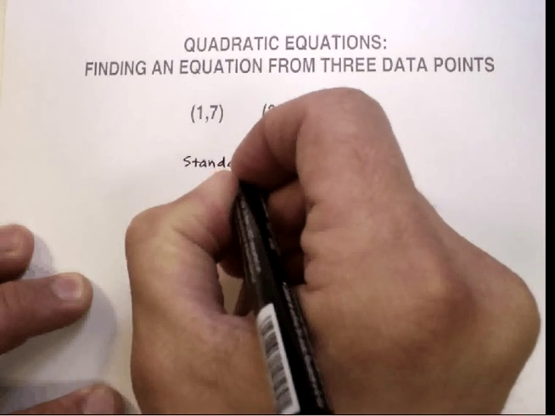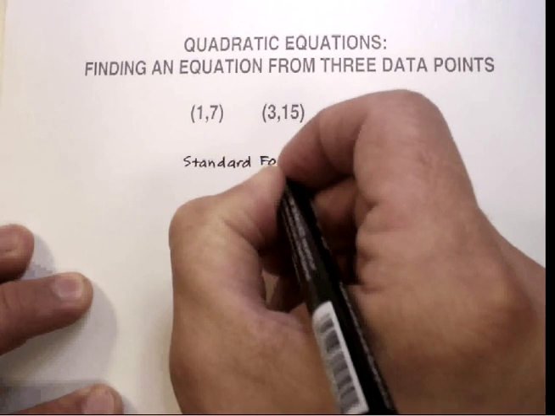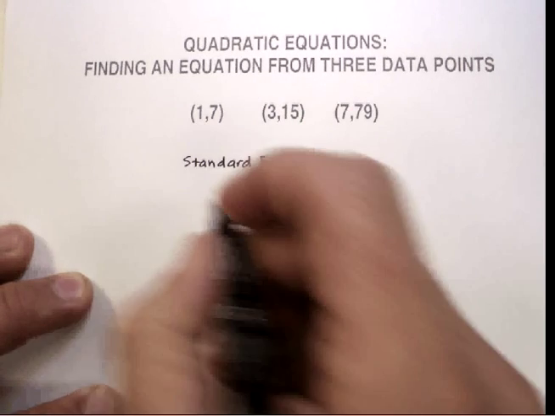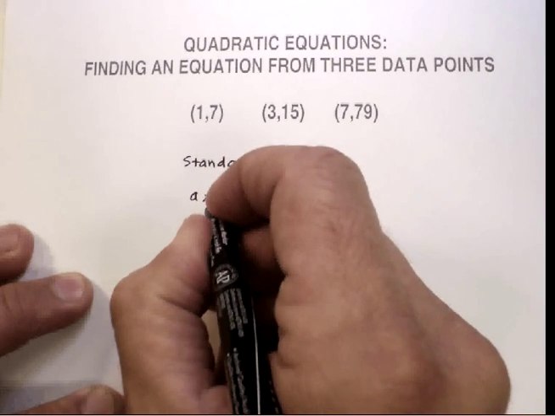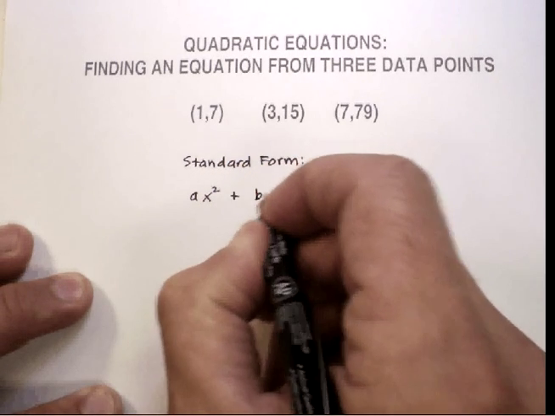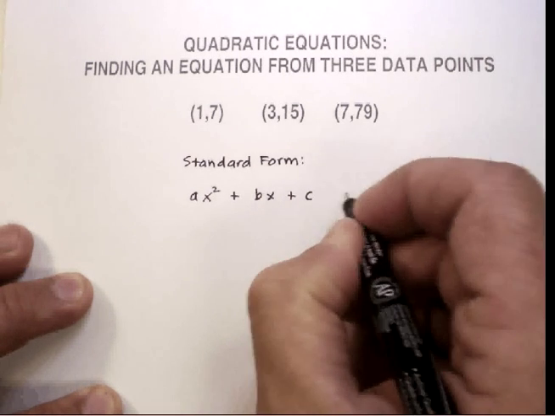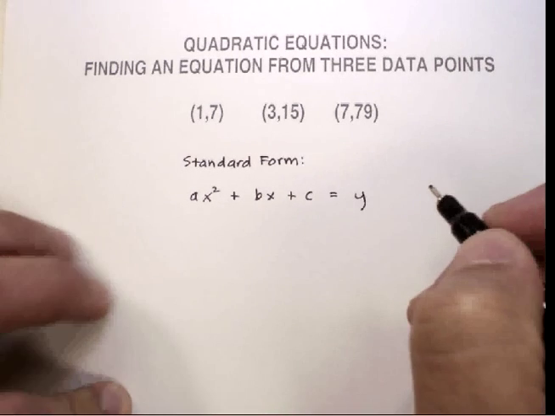So let me just go ahead and write that in here real quick. The standard form for a quadratic equation, again, is a, some coefficient, x squared, plus b times x, plus c is equal to some y.